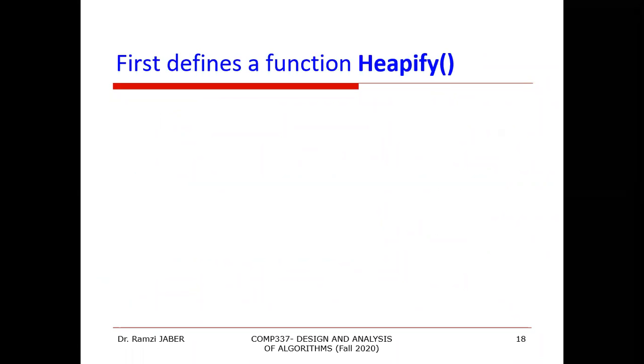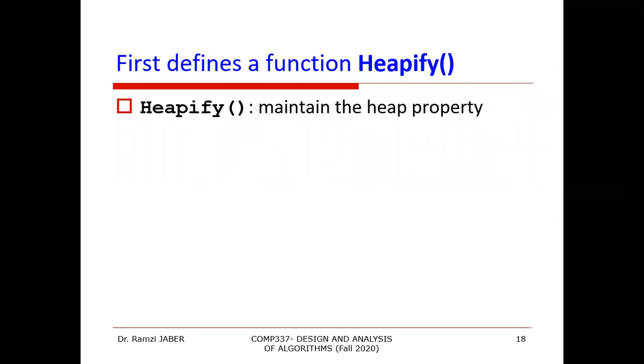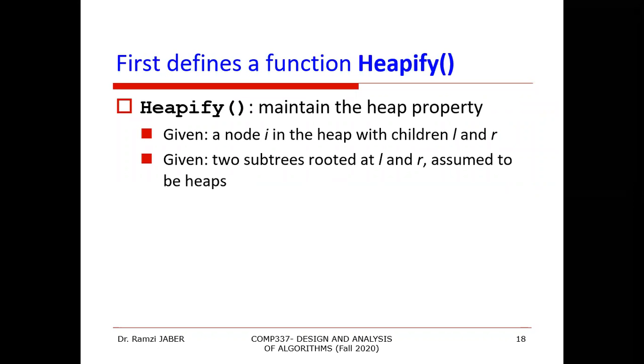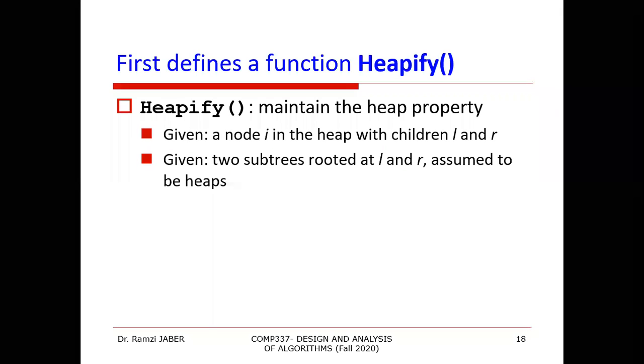First, we will define a function heapify, which maintains the heap properties. Of course, the conditions to get a heap must be maintained. Given a node I in the heap with children left and right, also given 2 subtrees rooted at left and right, assumed to be heaps.